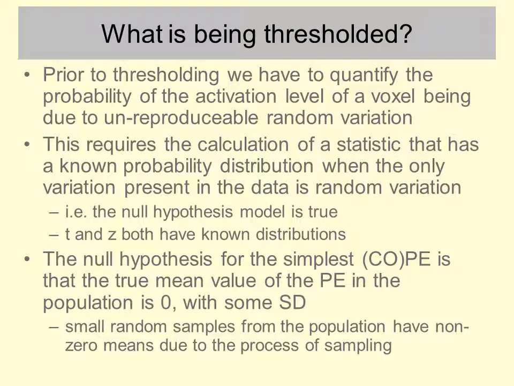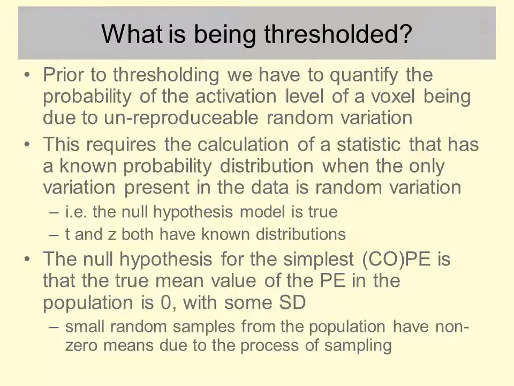So your null hypothesis for your simplest contrast of parameter estimates, which is just equal to the parameter estimate for a single explanatory variable from the design matrix, is that the true mean value of the parameter estimate in the population is 0, with of course some standard deviation, some variability around that.